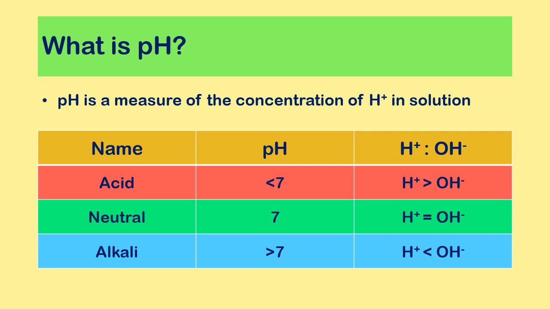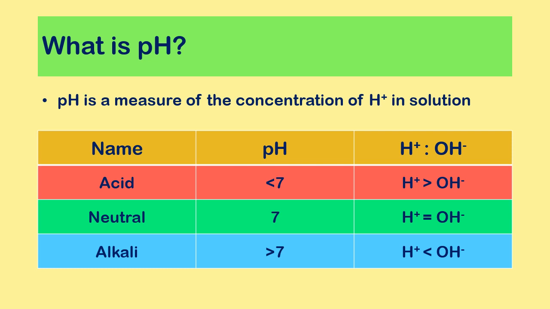Now, when we say that the hydrogen ion makes things acidic and that the hydroxide ion makes things alkaline, it doesn't mean that if you are an acid, you only contain hydrogen ions. It is a balancing act between the two. If you are an acid, you have more hydrogen ions than hydroxide ions. If you are neutral, that's when everything is balanced.